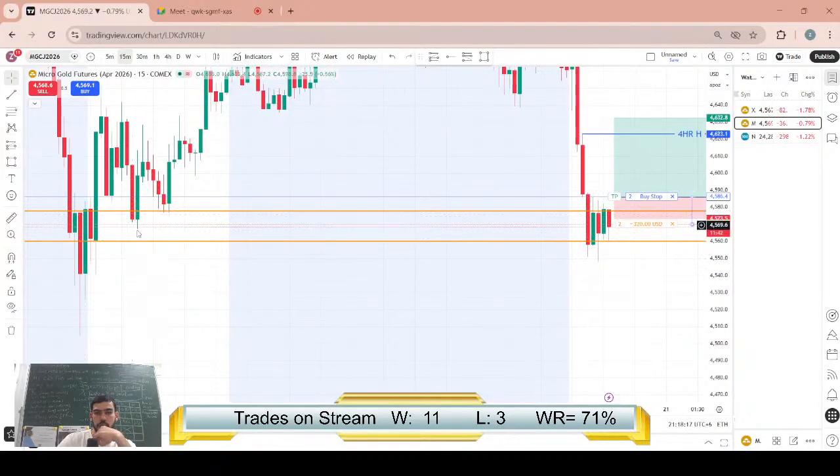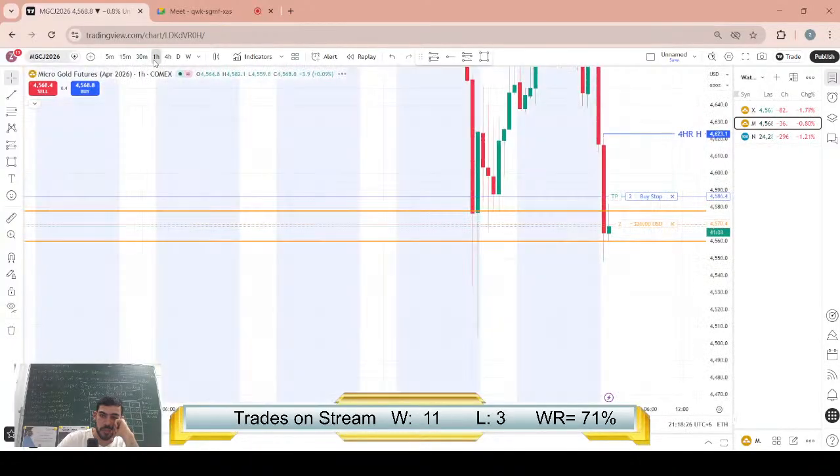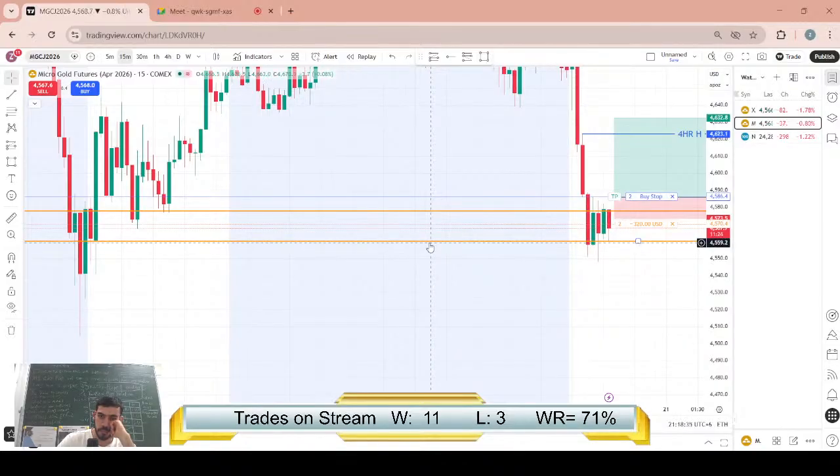You can see that it broke the previous candle, the red candle. So maybe I'm just going to leave it, because if it doesn't want to break to the downside, it could break to the upside.